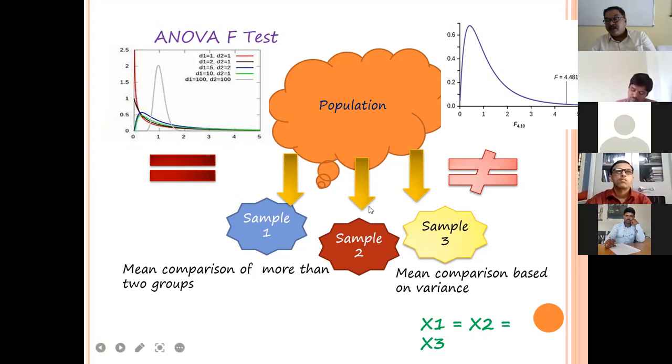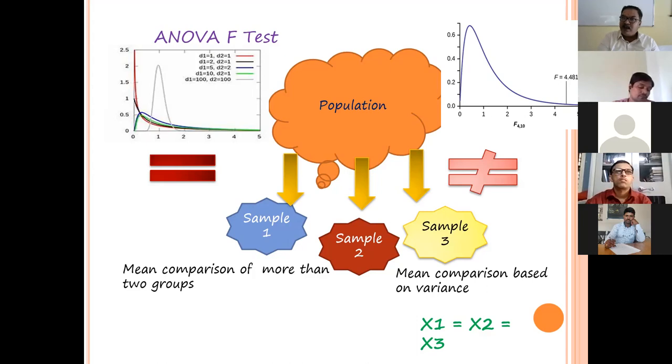I'm testing this mean comparison based on their variances. When I use the word variances, obviously it is the F test, because the F test is meant for variance, but I'm making the mean comparison based on the variances.